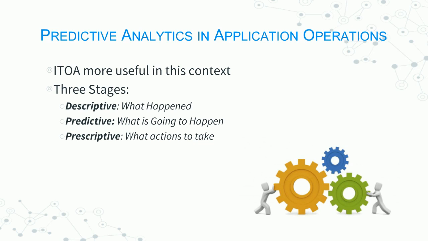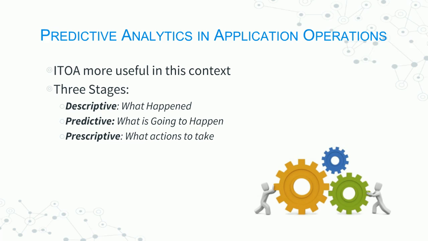Then you have predictive, which is based on past trends and based on application learning and learning of the environment. This is what is likely to happen. So will we run out of memory if the trend of usage continues at this value?